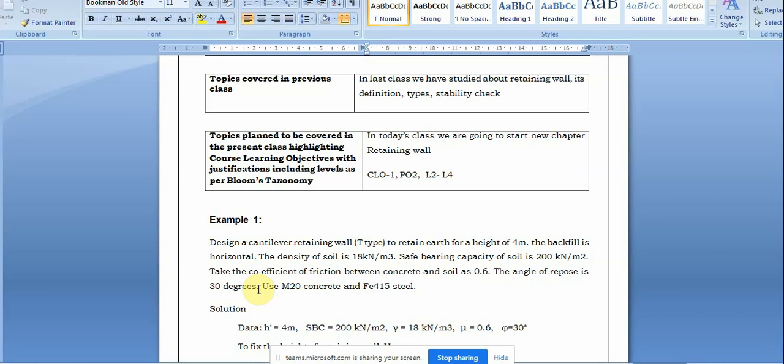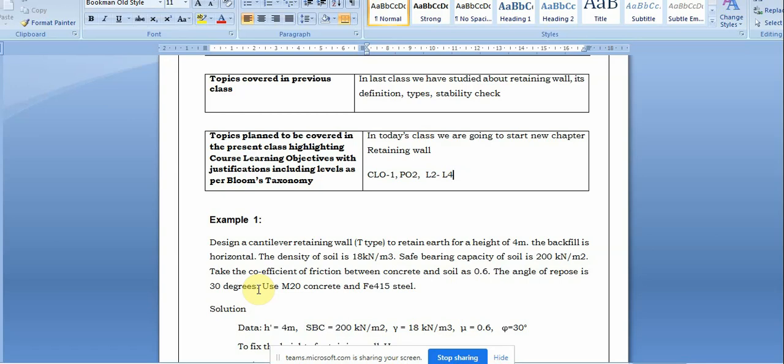The coefficient of friction between the concrete and soil is 0.6, that is the mu value. Then the angle of repose is 30 degrees, that is the friction of the soil. Here we are going to use M20 grade concrete and Fe415 steel. This is the given data.